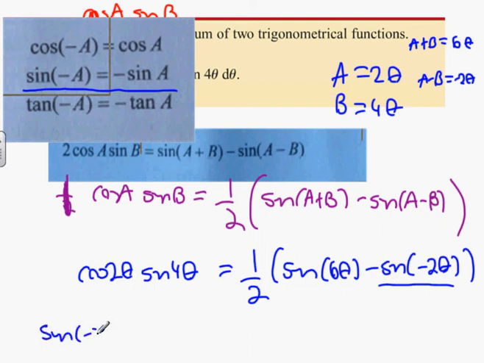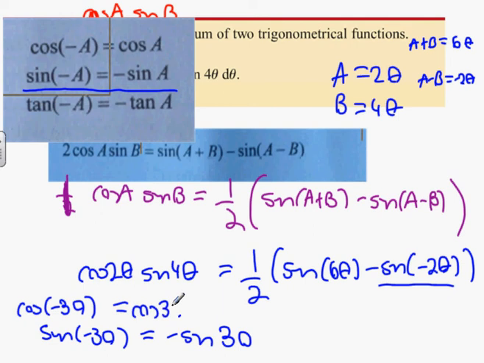So, for example, sine minus 30 equals minus sine 30. The only thing that doesn't work that way is cos, because cos of minus 30 would equal cos 30. You can use your calculator to check this out if you want.